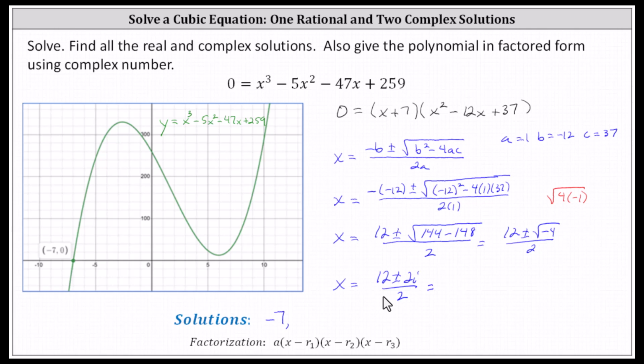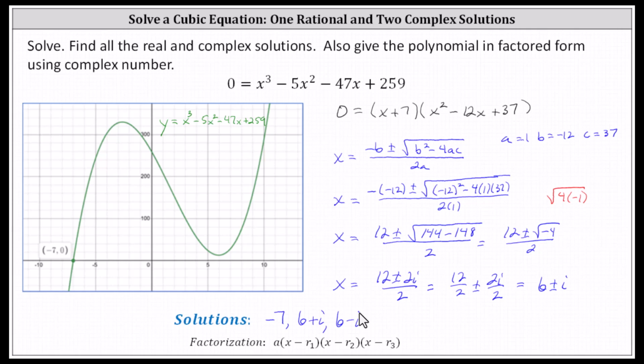Let's break this up into two parts. We have 12 divided by 2 plus or minus 2i divided by 2, which gives us 6 plus or minus i. So we have one real solution and two complex solutions, where one complex solution is 6 plus i, the other complex solution is 6 minus i.